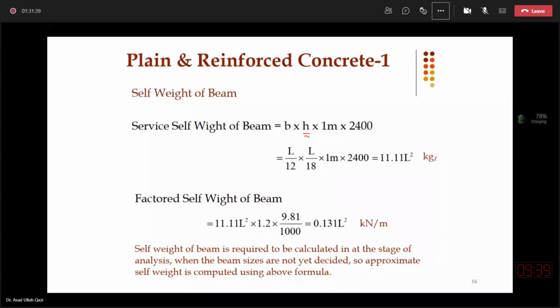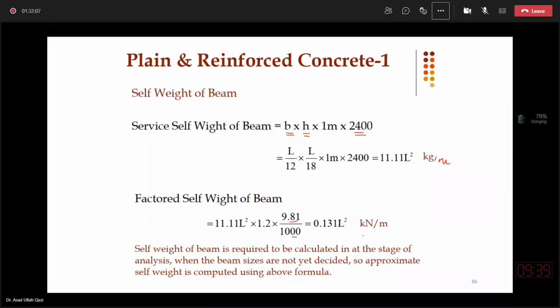Then you know the width of the beam, you can multiply it with the density, and in this way you can get per unit length the self weight of the beam in kg per meter. And finally you can multiply it with 9.81 divided by 1000 to convert the self weight into kilonewton per meter.